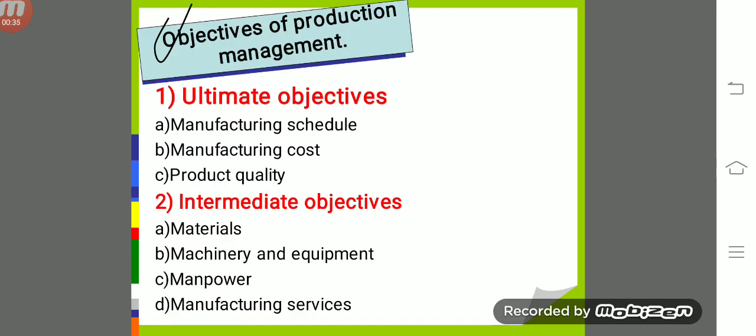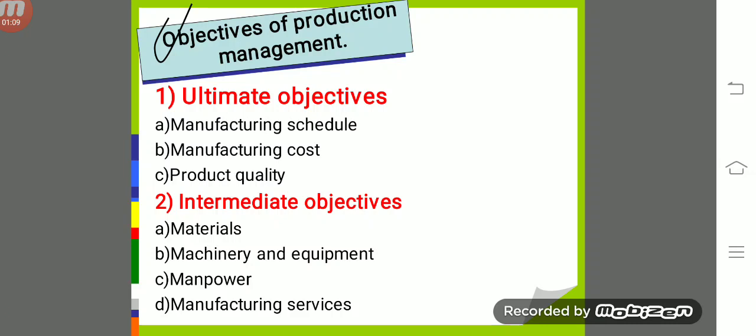Production and operation management is focusing on which area? Production, the product, or we can say converting raw material into finished goods. For that, on the input side, we require man, machine and raw material, so that we can convert the raw material into finished goods. So we require machineries and equipment to convert our raw material into finished goods.